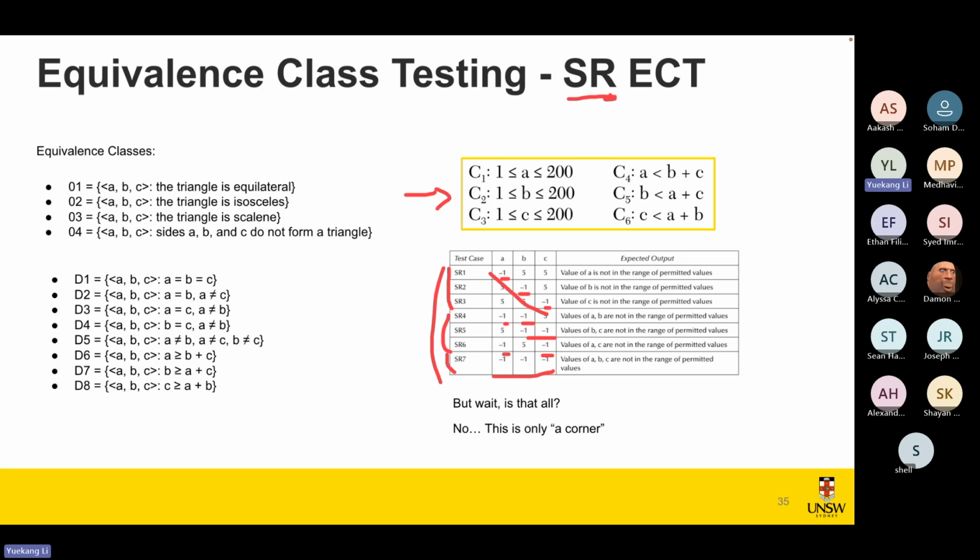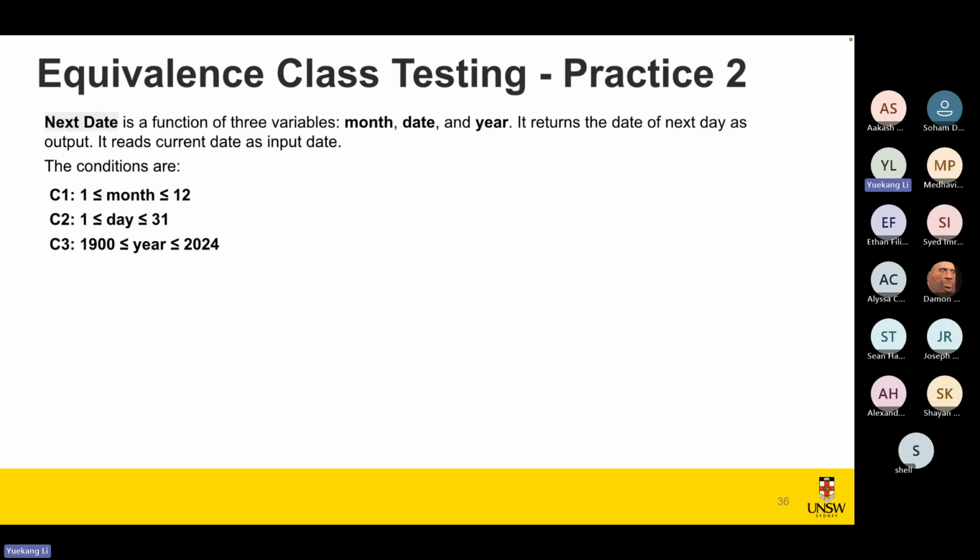And this example is not a very typical one because it doesn't have sub-intervals for these values. And now let's take a look at a more suitable case for applying equivalence class testing, where values can have sub-intervals.